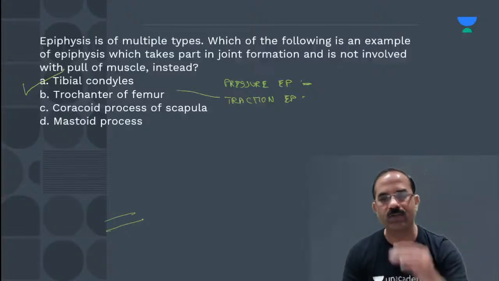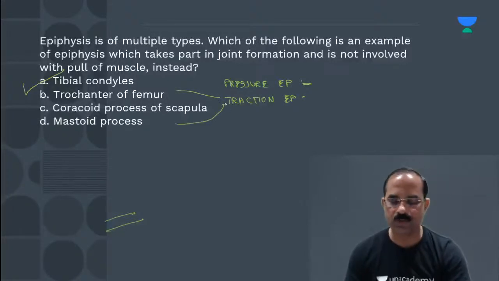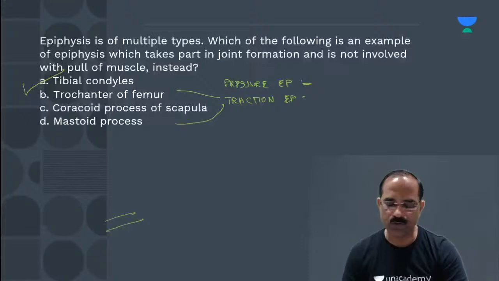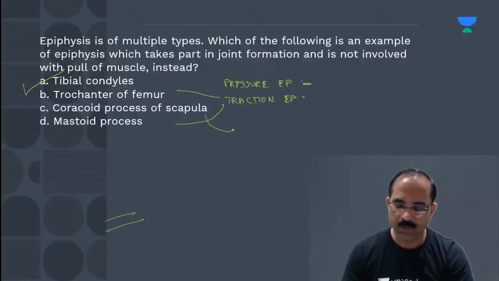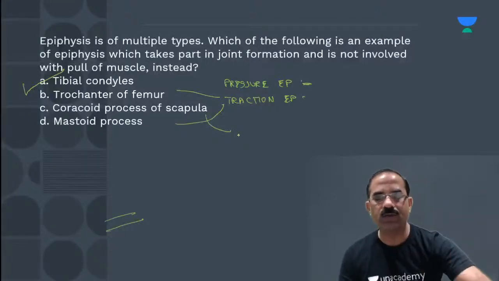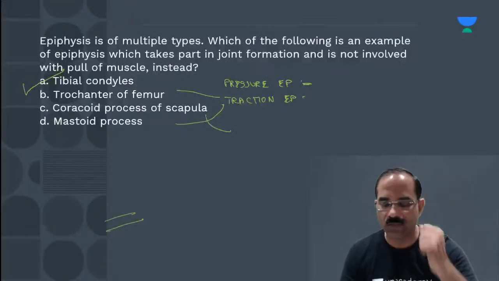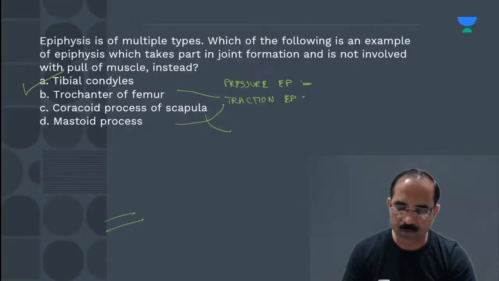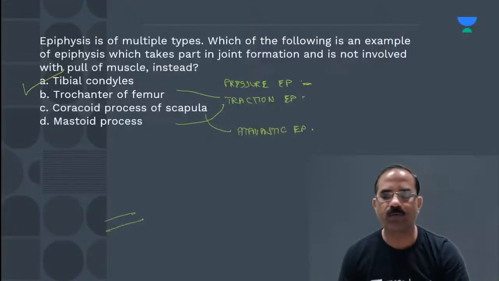Examples are trochanters, tubercles, mastoid process. These are traction epiphysis. The third epiphysis is functional in lower animals, degenerated in humans. Example is coracoid process of scapula, and this is what we call the atavistic epiphysis.